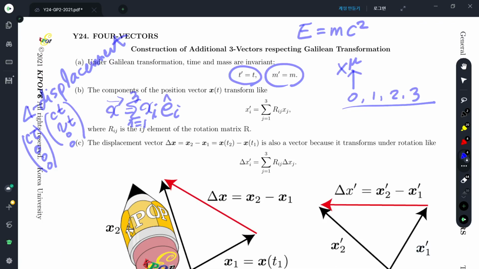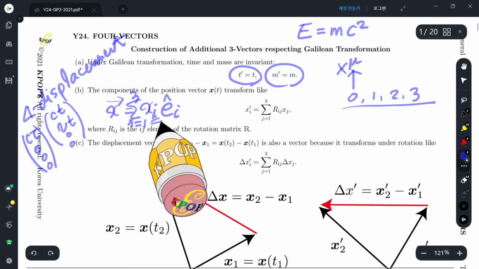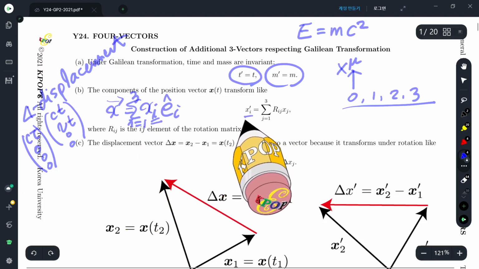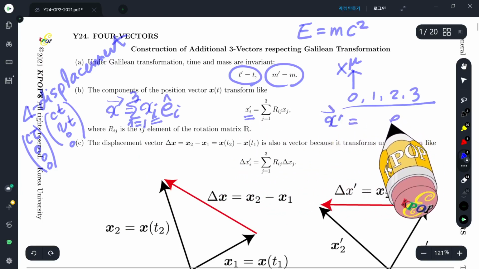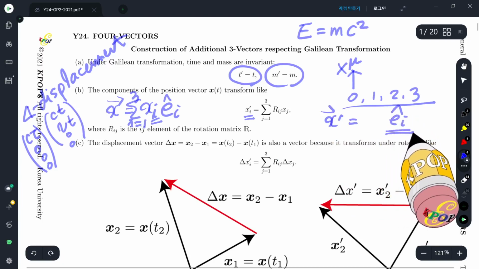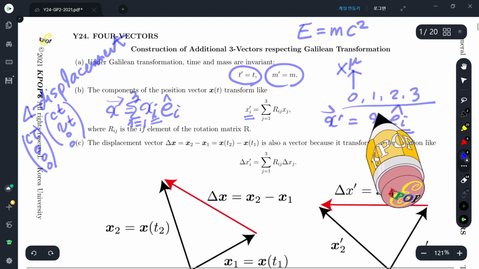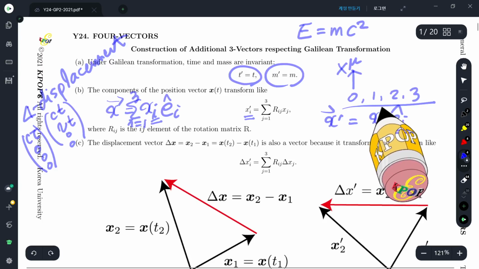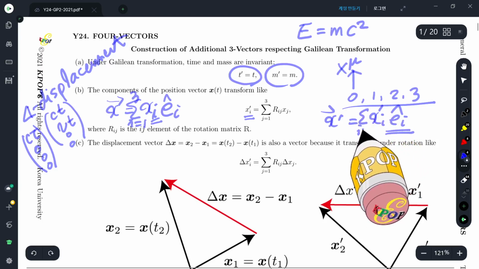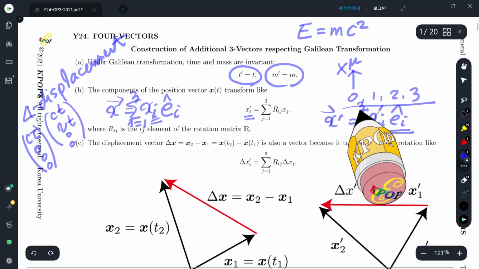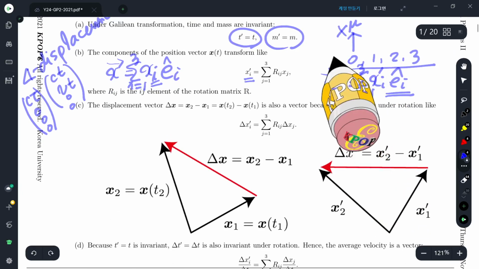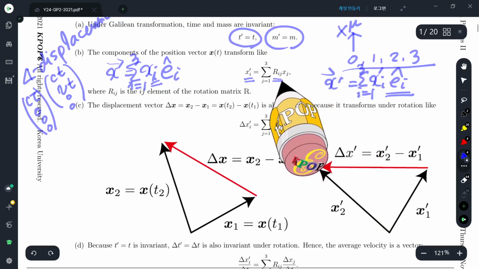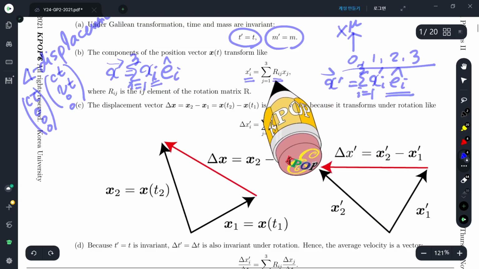On the rotation, this coordinate transforms into x prime, where the x prime vector is using the same basis. The coordinates may shift. The transformation rule is determined by the rotation matrix capital R.